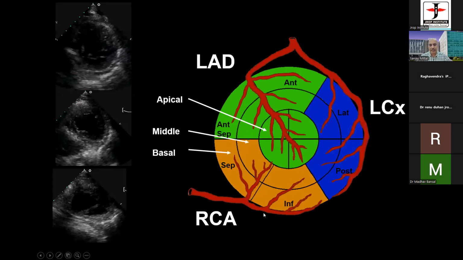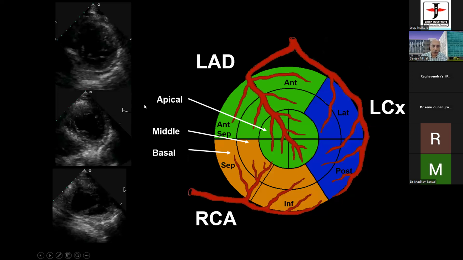Now, if we look at and place the three circular short axis views, this is at the level of the mitral valve, this is at the level of the papillary muscle, and this is at the apex, one on top of each other, and draw a concentric circle, as I showed you earlier, this would become a bull's eye plot.